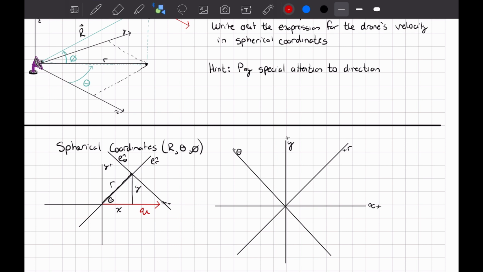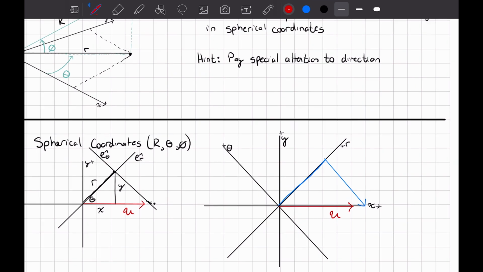And finally, we got u. Change a different color. And we want to decompose u into r and theta. So from vector addition, head to tail, we got some component in the r direction and some component in the theta direction.